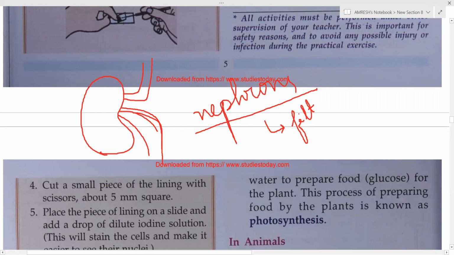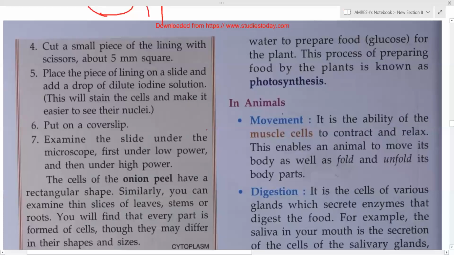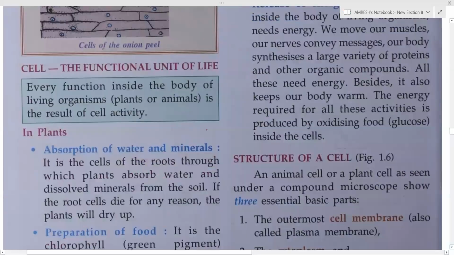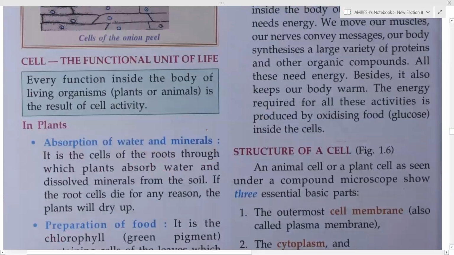That's why millions of nephrons make up the kidney, and the function of nephron and kidney are the same. So the nephron is the structural unit as well as the functional unit of the kidney. Like that, we have many cells in our body which are the structural and functional units.